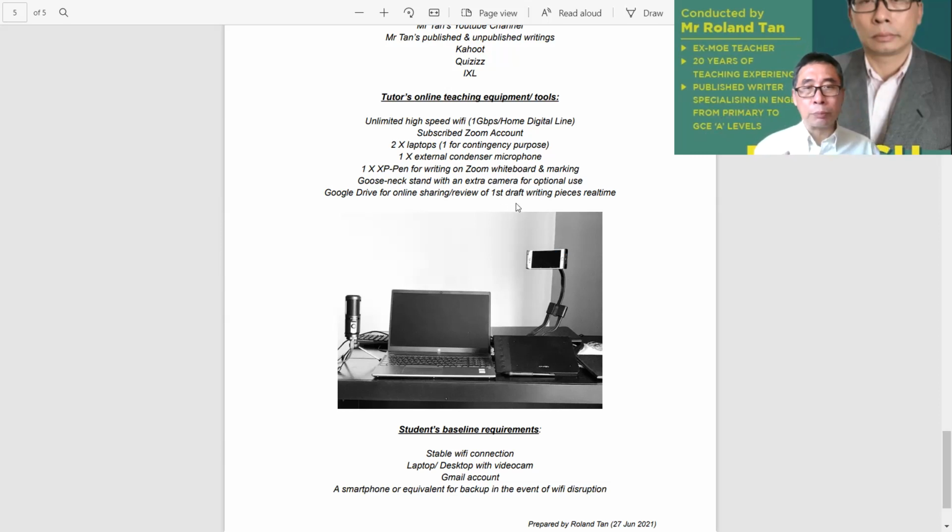And lastly, which I have alluded to earlier on, I'm using Google Drive for online sharing and review of your first draft writing pieces on a real-time basis. So I would go into the Google Doc, and as I review your work and make the corrections, I would also be explaining to you the reasons for those corrections and how I view it can be improved.